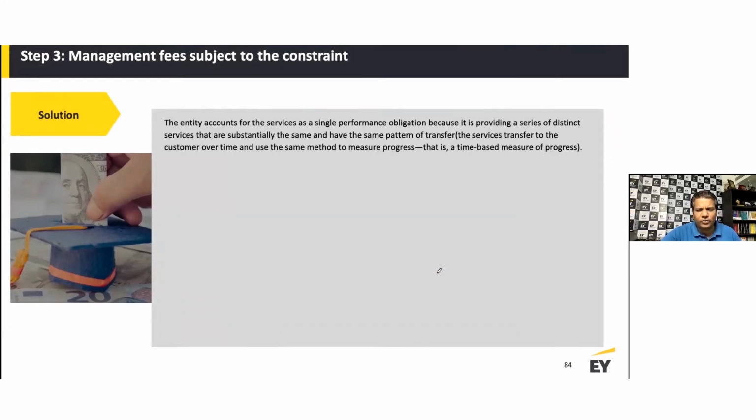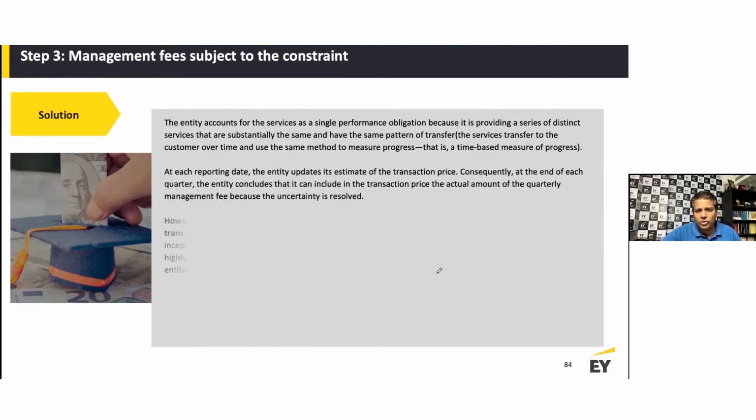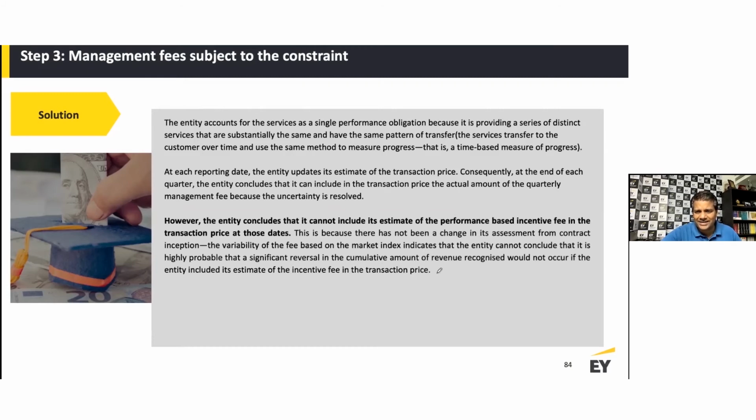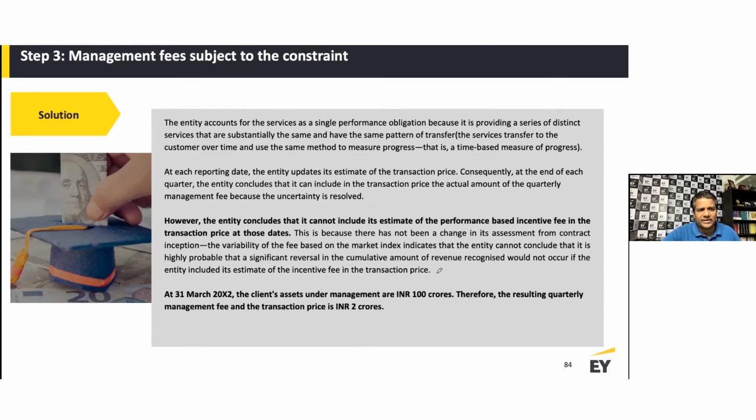So today, if you believe 100 crore, you record 2%. Tomorrow it becomes 120, you record 2% on 120, and if you are able to earn the bonus, you record the bonus as and when you are comfortable that the bonus is being earned.